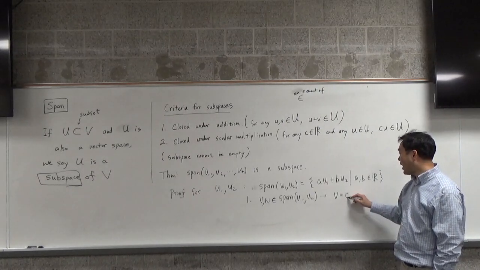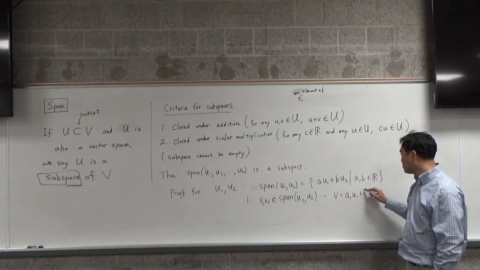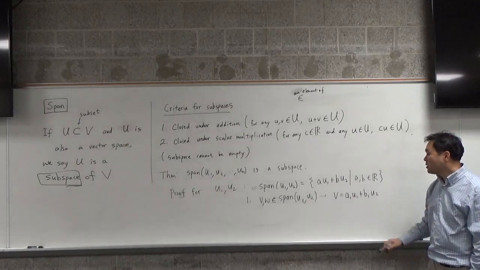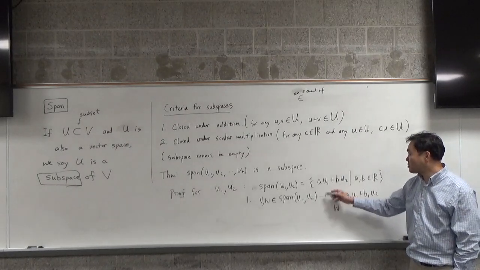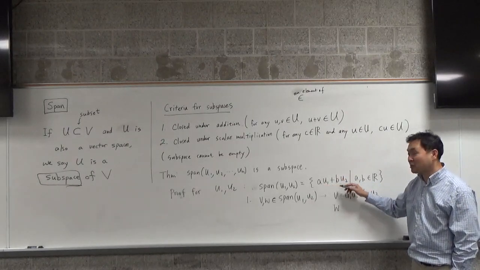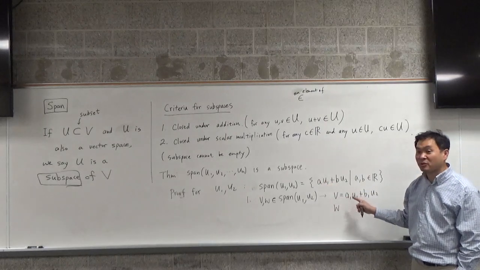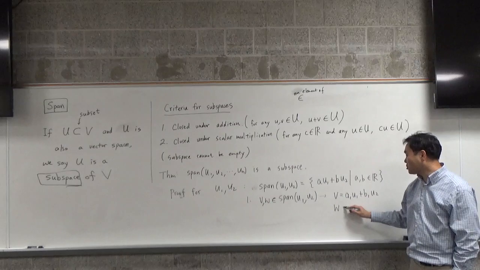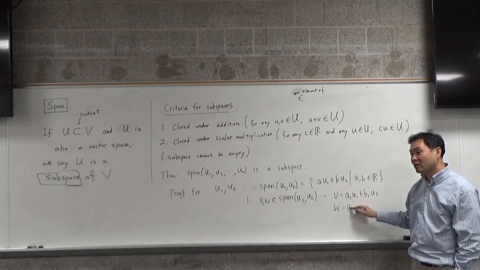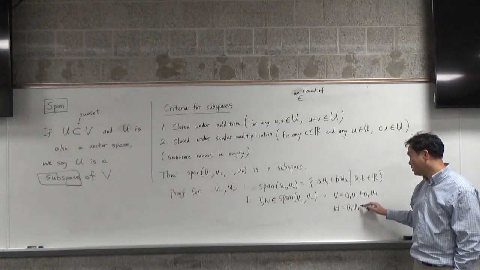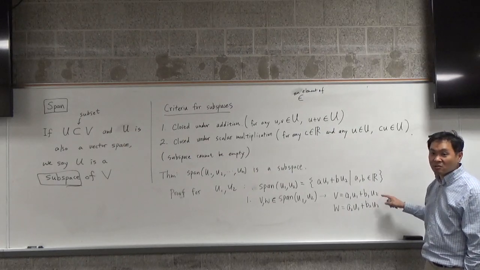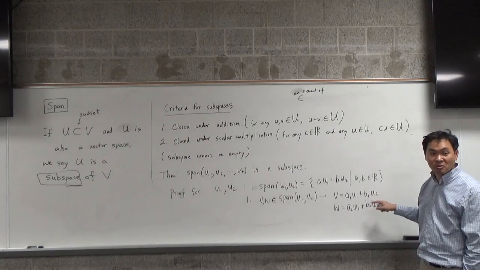So I'll call it A1U1 plus B1U2. W is also from the span, so W should also look like this, but it may be different numbers. It could be the same number, but it could be different. So I'm going to call this A2U1 plus B2U2.